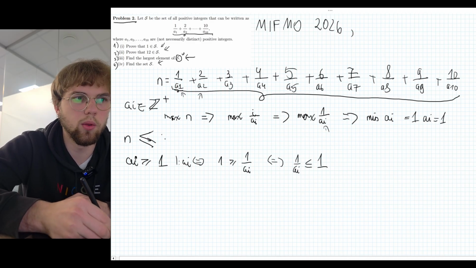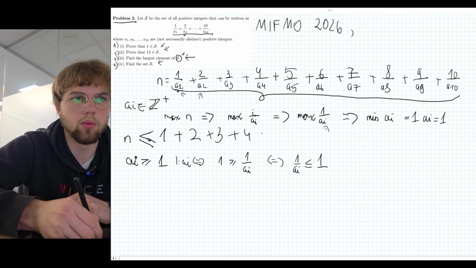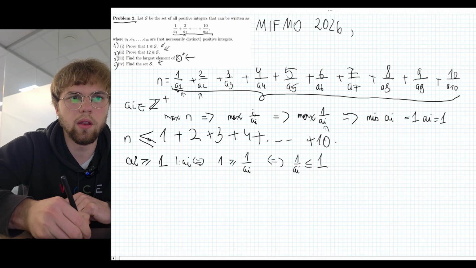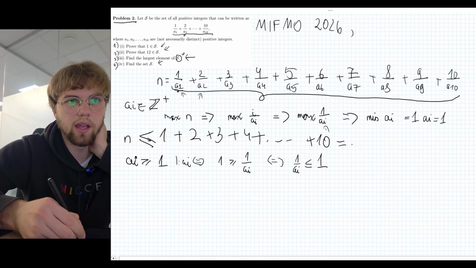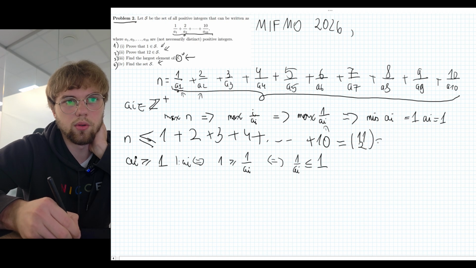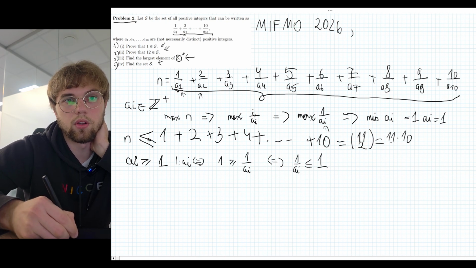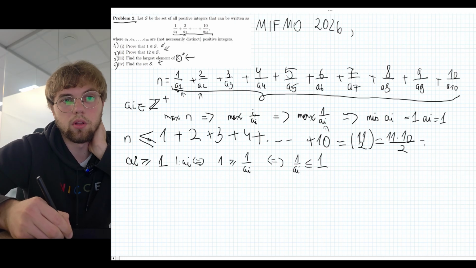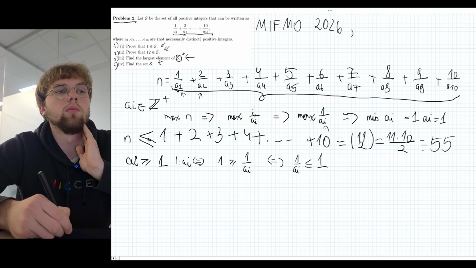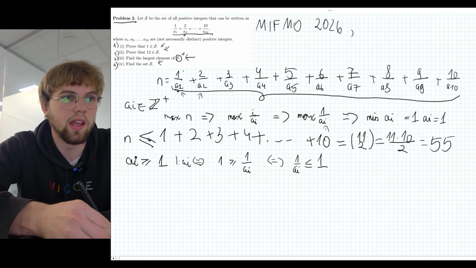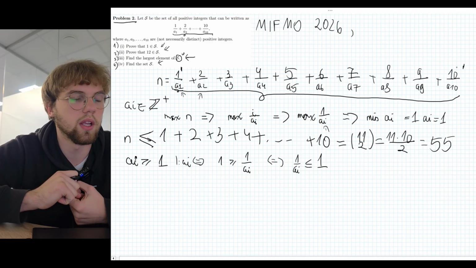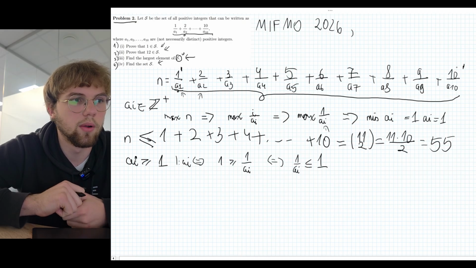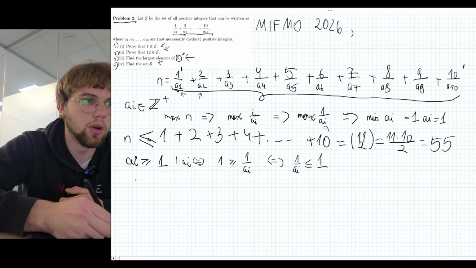So with this in mind, we have 1 plus 2 plus 3 plus 4 all the way up to plus 10. You can just calculate this by hand, or use the arithmetic progression formula. This is 55. Or you can just add these numbers together, 5 groups of 11, so 11 times 5, 55.